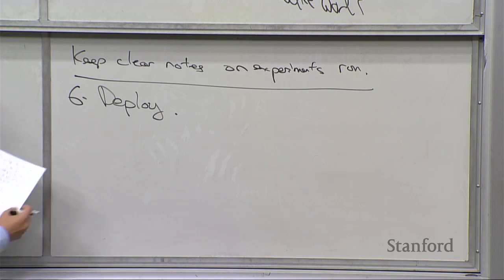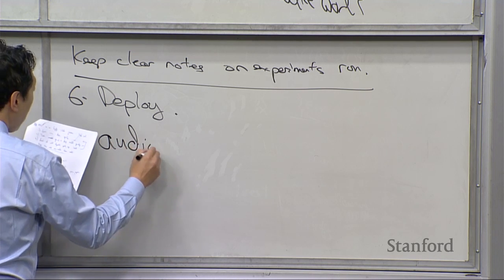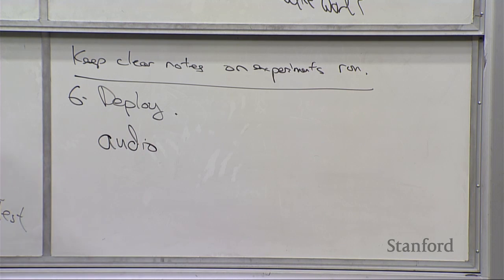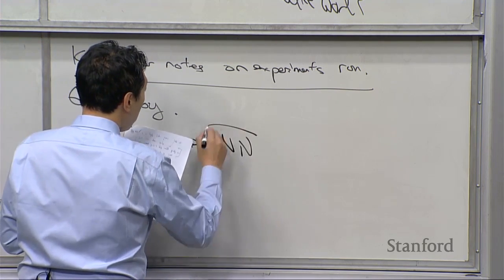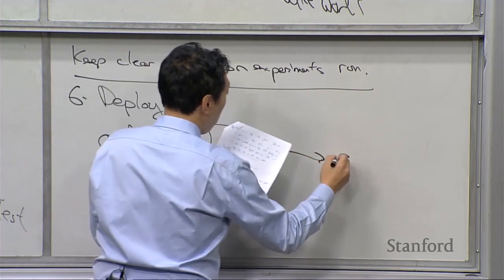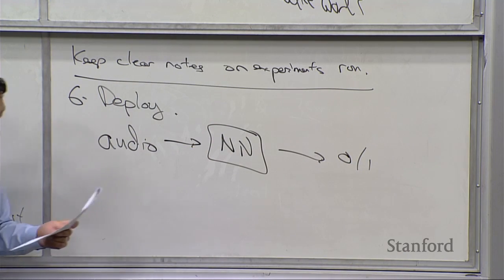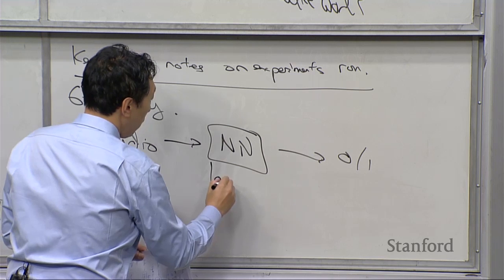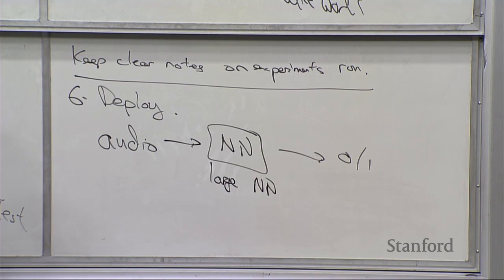Okay. Now, if you're deploying a system like this, one of the things, and this is actually a real phenomenon for deploying speech systems, is you have the audio clip, you have a neural network, and then this will output 0, 1. And the neural networks that work well will tend to be relatively large, right? Relatively large model, large number of hidden units, relatively high complexity.